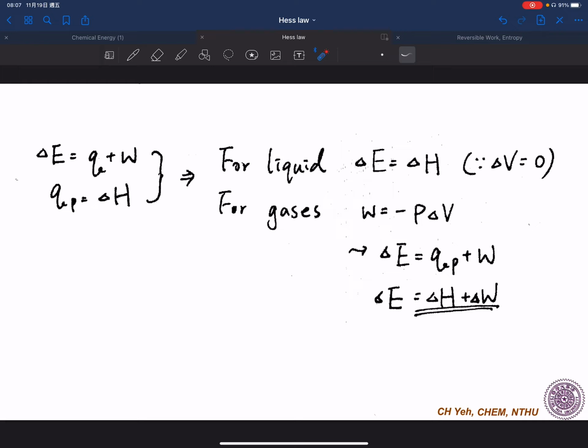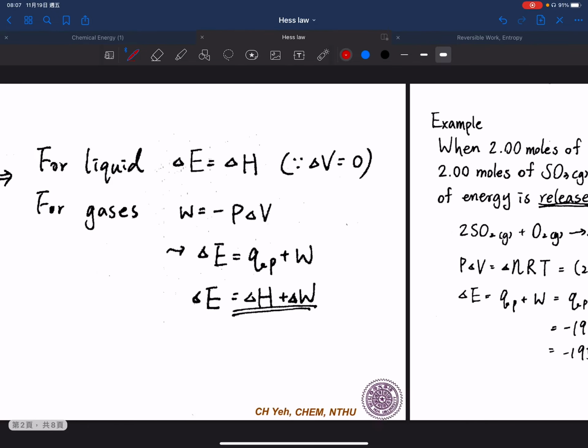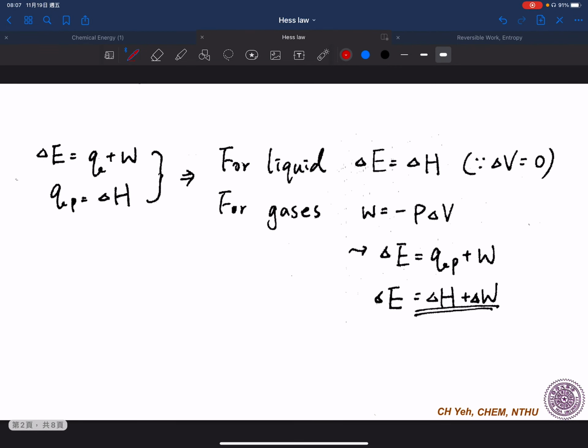If you're a Taiwanese student, I think you'll be very familiar with the fact that the change in energy usually uses enthalpy as the measurement. Notice another thing: when we calculate this kind of problem, it usually assumes that pressure is constant.